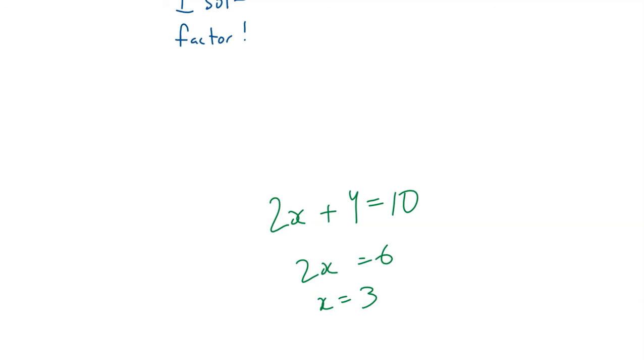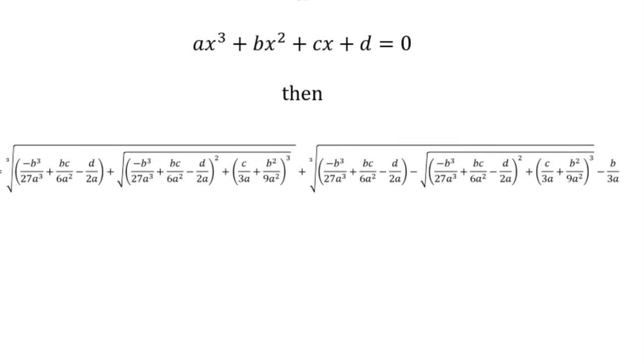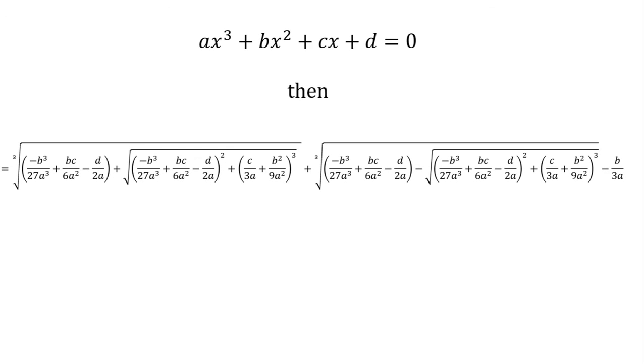Is there a formula for solving degree 3 polynomial equations, like the quadratic formula solves degree 2 equations? What about degree 3? There is. There's the formula. Easily memorizable, I think, right?